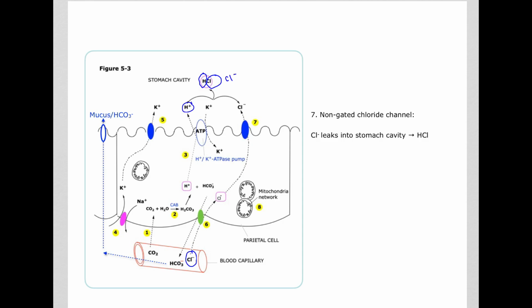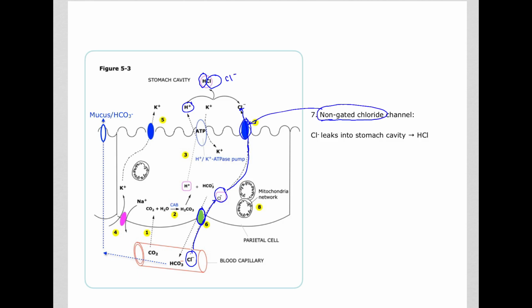As we mentioned earlier, the chloride bicarbonate antiporter will bring this chloride from the bloodstream into the cytoplasm, and from the cytoplasm the chloride will leak through the apical part of the parietal cell membrane via non-gated chloride channels.